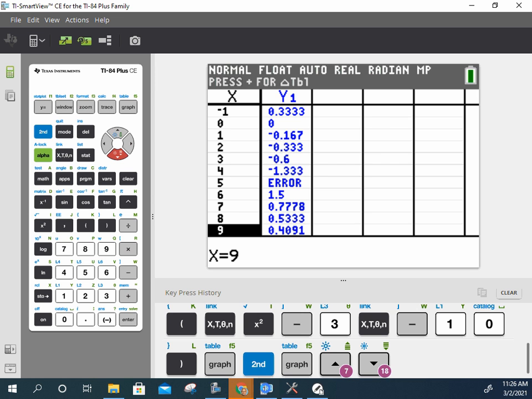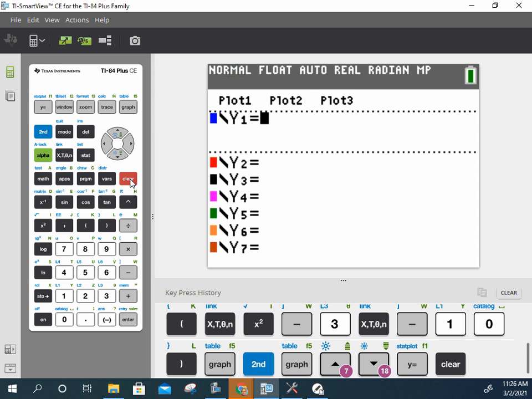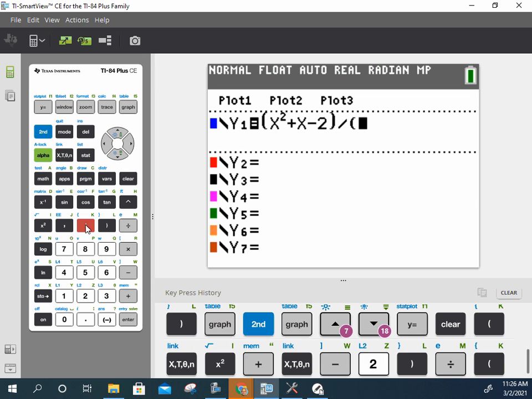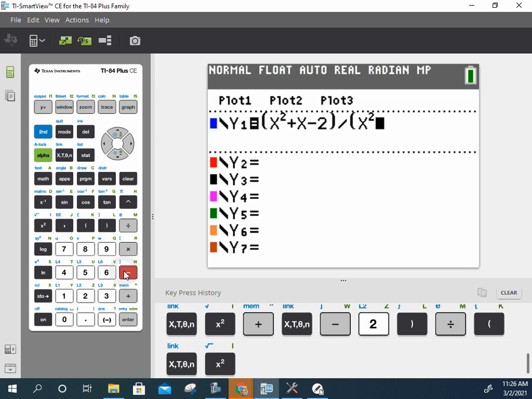Now, for this type of function, if you have a polynomial at the top and a polynomial at the bottom, put both parts in parentheses. This way the calculator knows what you're talking about.